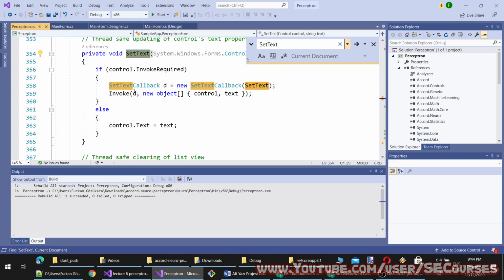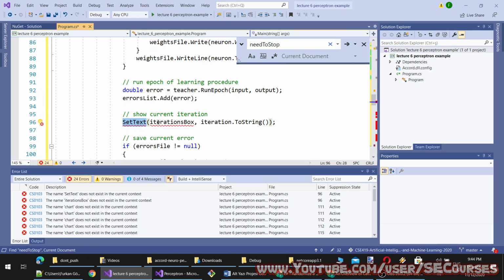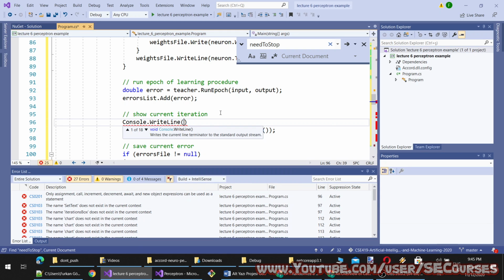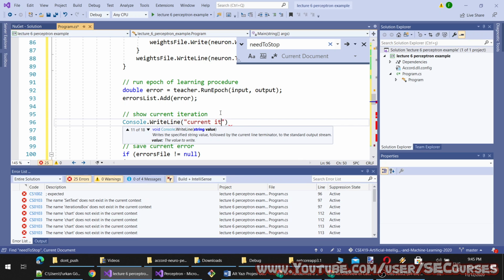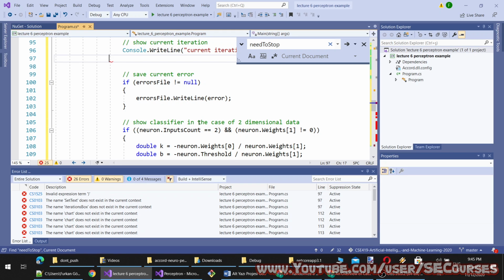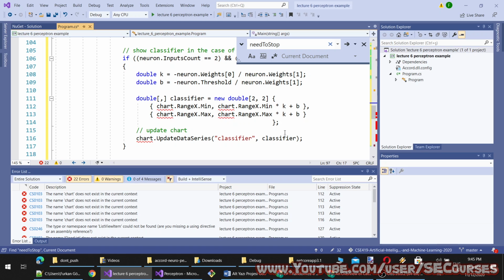Okay, oh, we don't need this. Oh, this shows the current iteration, so I'm going to use console write line as current iteration equal to like this and {0}, which will format my count, and there is chart.